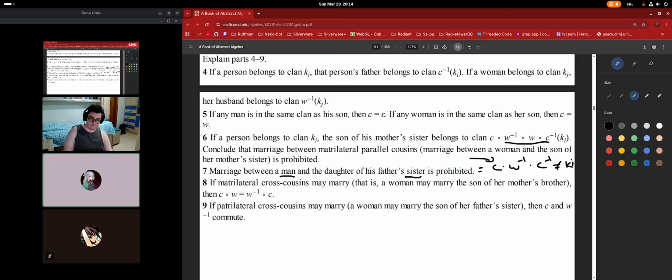Yeah, that's one point. But also, for a man to be able to marry a woman who belongs to the clan which is the output of this function, given the man's clan, that composition must be equal to W, basically. Actually that's pretty cool. You were going on the intentional equality and I'm going for the extensional equality.